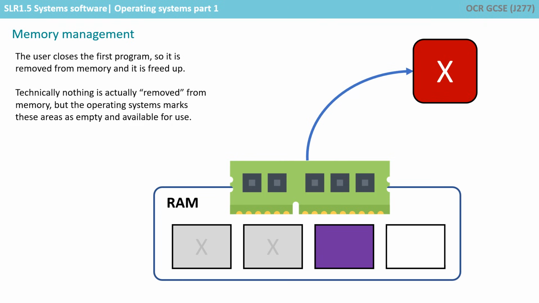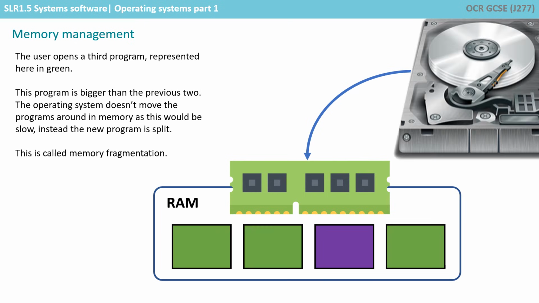Now, in reality, nothing is really erased from memory, but the illustration shows that those memory locations are no longer being used by that application, and so they are essentially marked as free and available for reuse. The user may then choose to open a third program, represented here by the green squares.